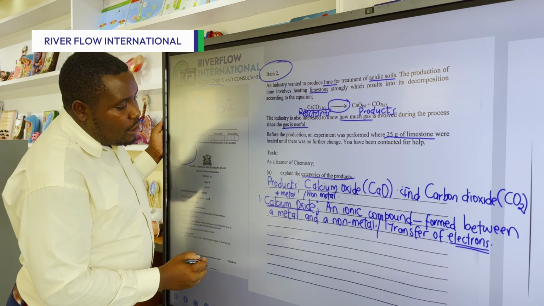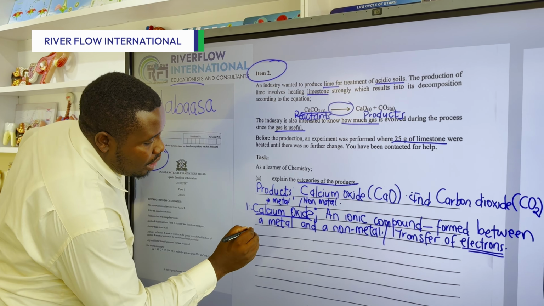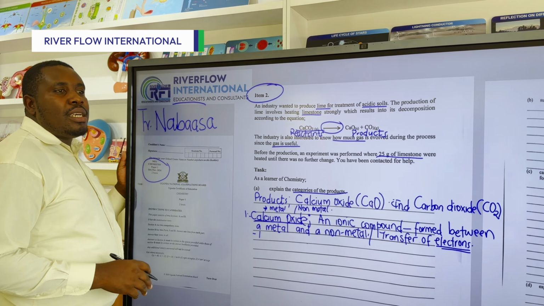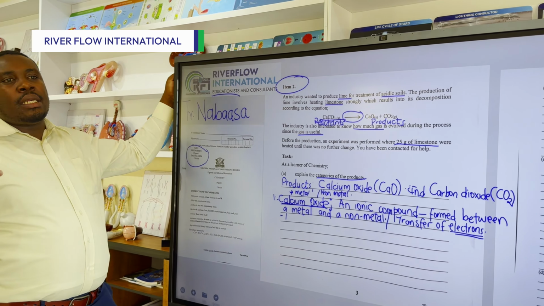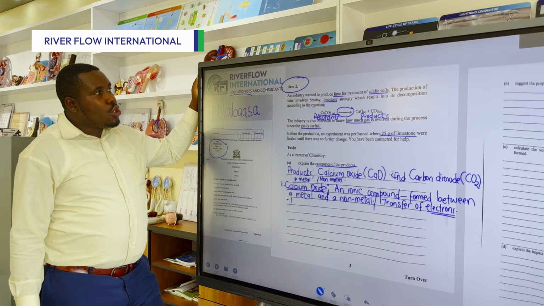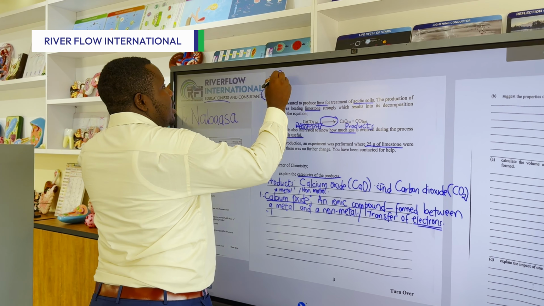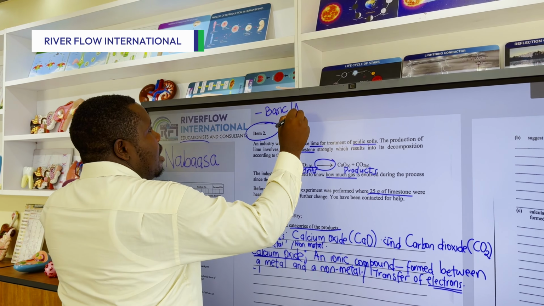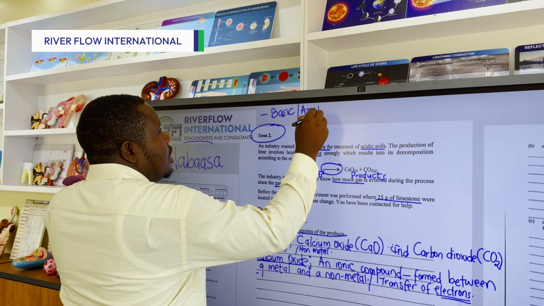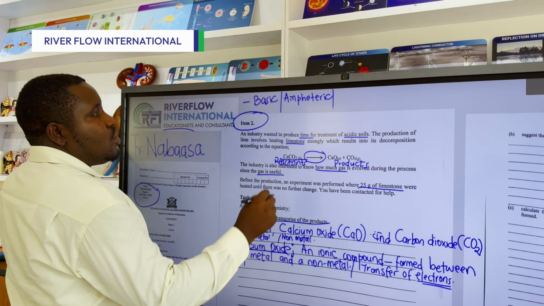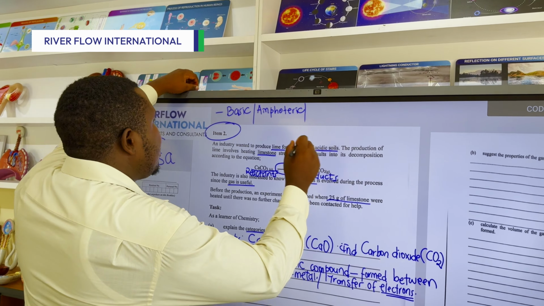Now, category number 2, where we can put calcium oxide. We remember the types of oxides. We have acidic oxides, we have basic oxides, we have amphoteric oxides. Amphoteric oxides have both basic and acidic properties.